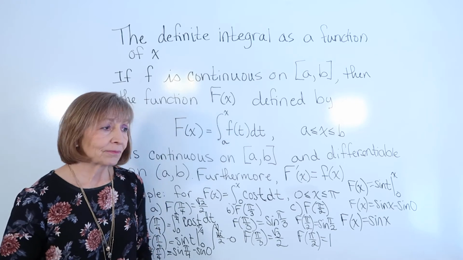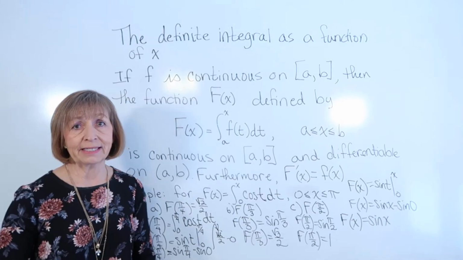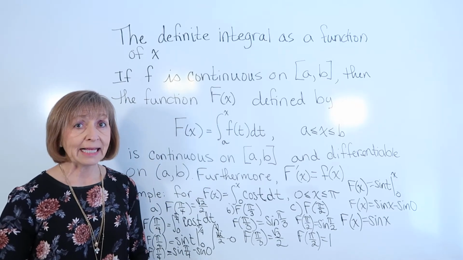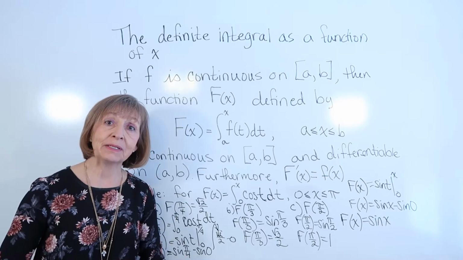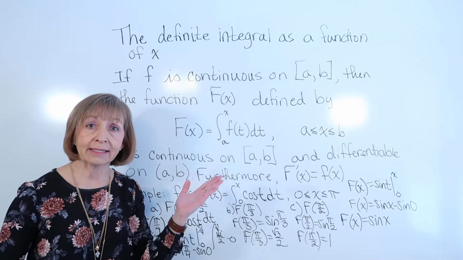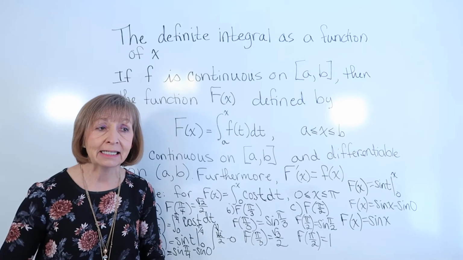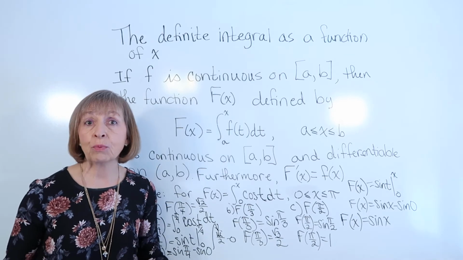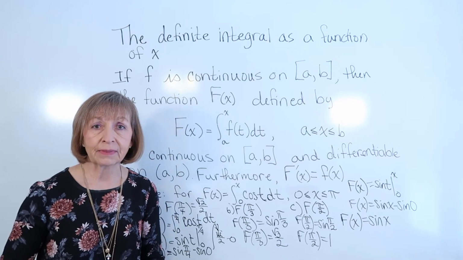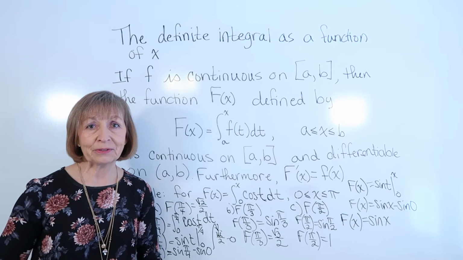What if you know that you have a continuous function on a closed interval and your function capital F of x is defined to be the integral from a to x of f of t dt, and you weren't wanting to evaluate it at values, you actually wanted to find the derivative of it? Well, that's what we're going to do next.